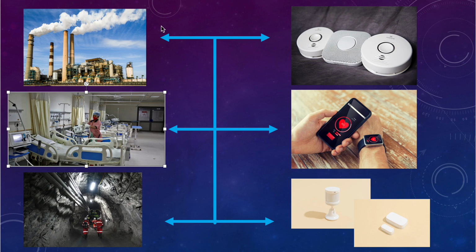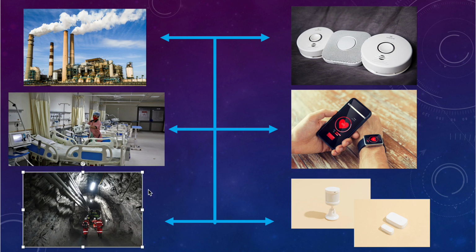Then we have hospitals. Then here we have mining. Three separate industries, three separate scenarios, and three separate IoTs. But let's see how each IoT can fit into these different scenarios.